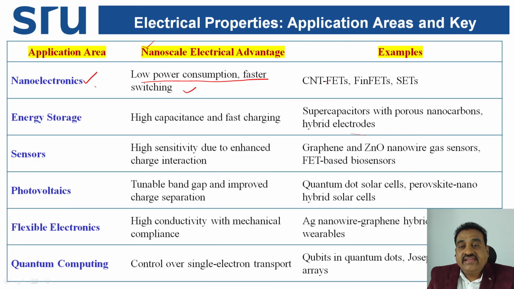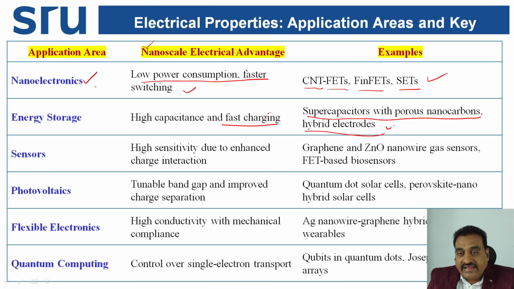CNT, carbon nanotubes, FETs, FinFETs, and SETs are examples of these electrical properties. Energy storage application area: high capacitance and fast charging is the advantage. The examples are supercapacitors with porous nanocarbons and hybrid electrodes.